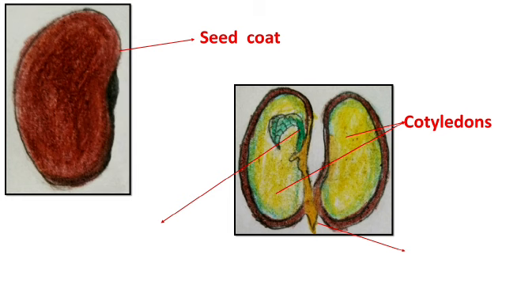As long as the baby plant does not grow green leaves, it depends on the food stored in the cotyledons.